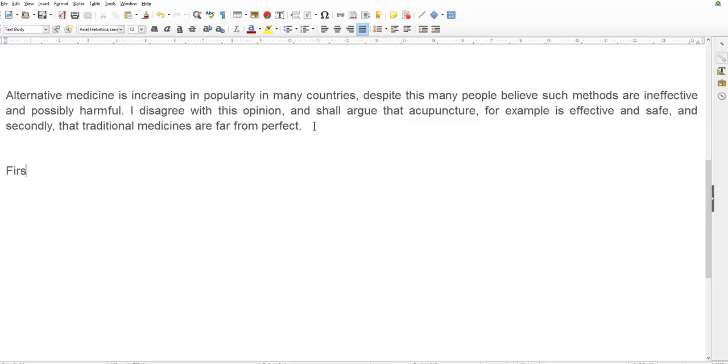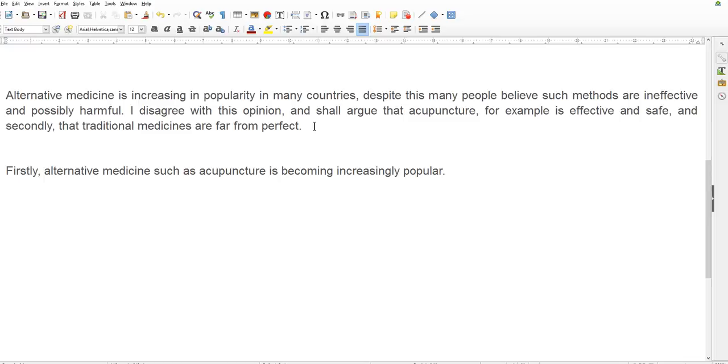Okay. Firstly, alternative medicine such as acupuncture. So alternative medicine such as acupuncture is becoming increasingly popular.